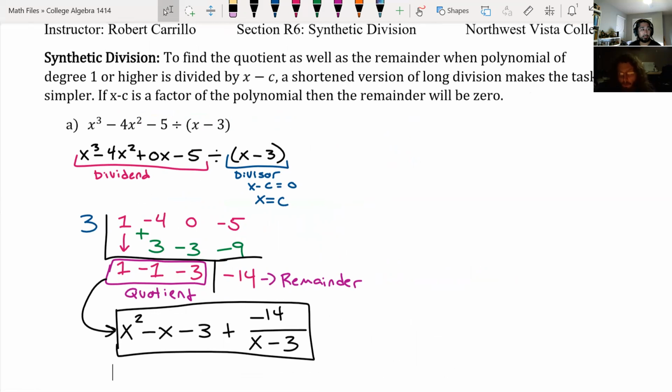Okay, all good? So will it always be 1 less than the degree you started out with? That's it. Good question, because we're only dividing by a linear factor of x. So it will always reduce the power by 1.